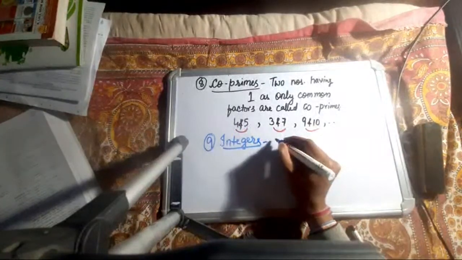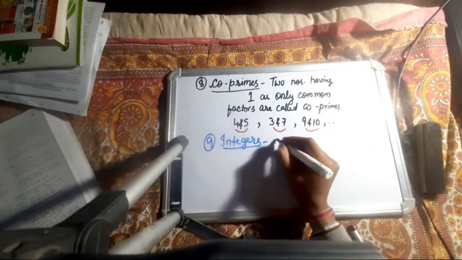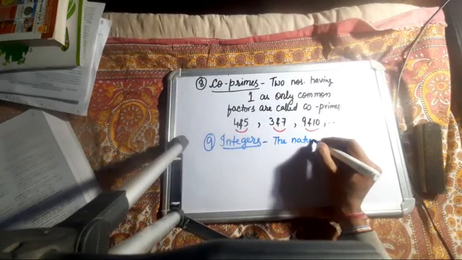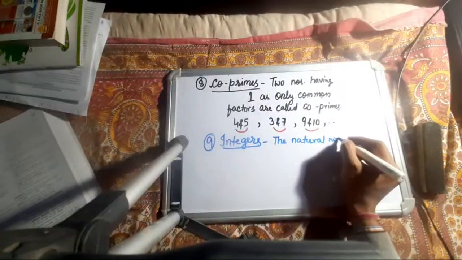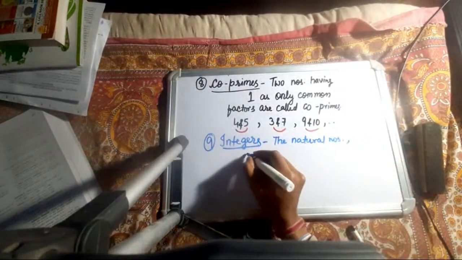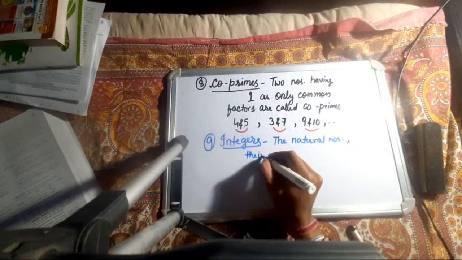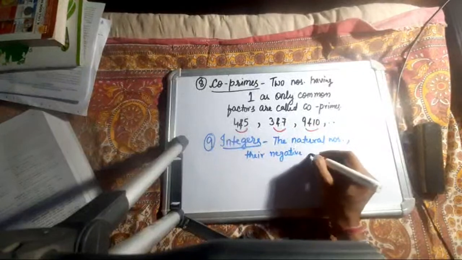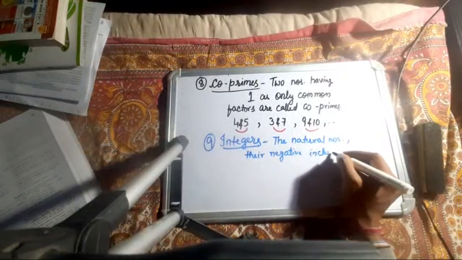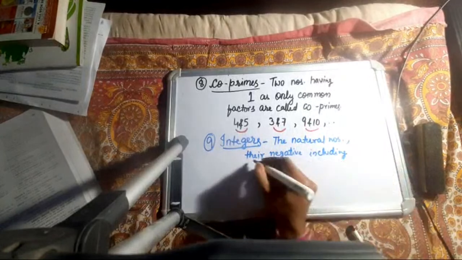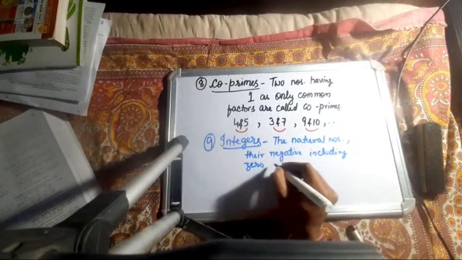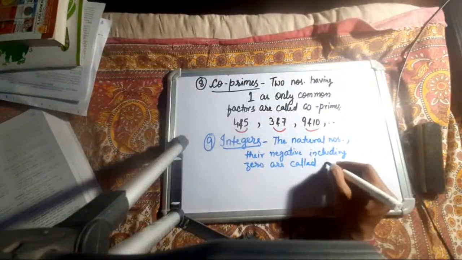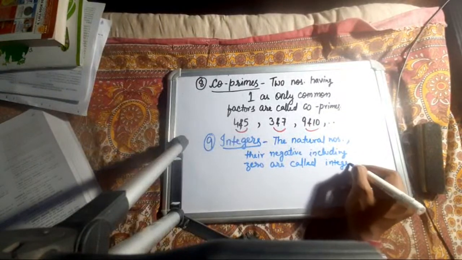We could generally define it as the natural numbers, their negatives, including 0, are called integers.